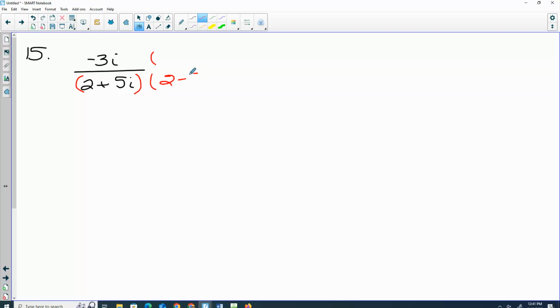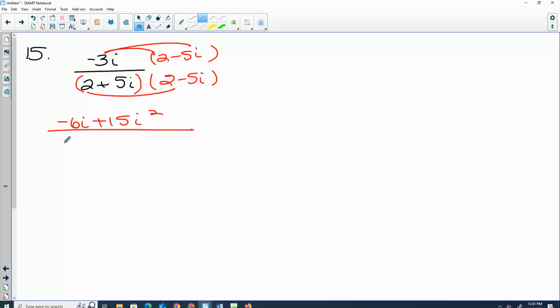We multiply by the conjugate, 2 minus 5i. Okay, if we distribute, we get negative 6i plus 15i squared. On the bottom you get 4 minus 10i plus 10i, or you may not have even written those down because you knew they canceled, minus 25i squared.